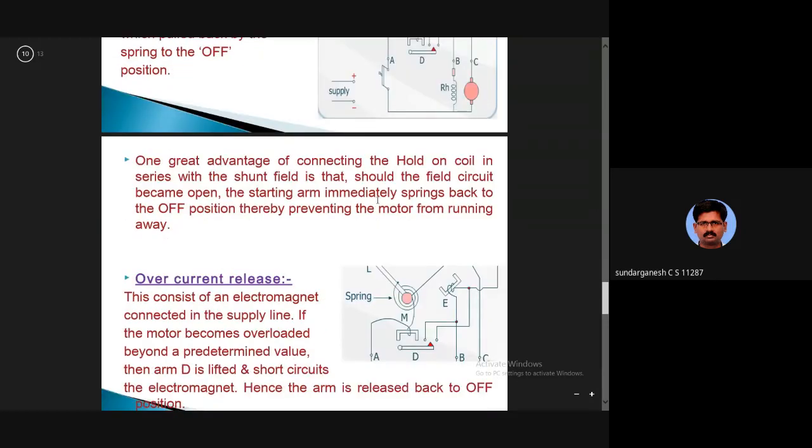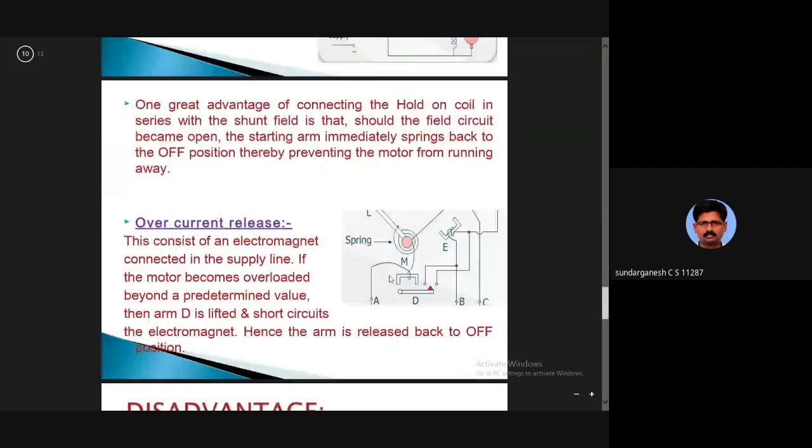Another protective device is the overcurrent relay. We have already discussed it. This consists of an electromagnet connected in the supply line. If the motor becomes overloaded, say the rated current of the motor is 20 amps and we keep a load of 30 amps, so it is overloaded.